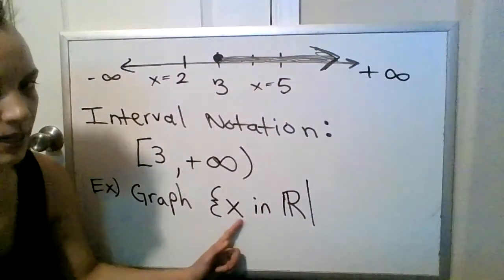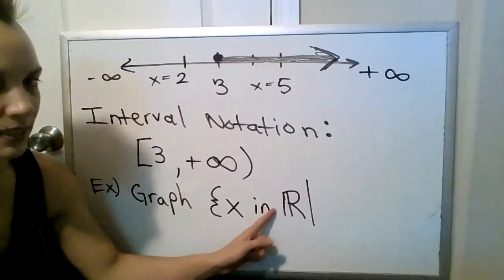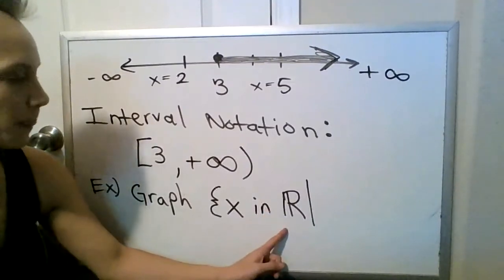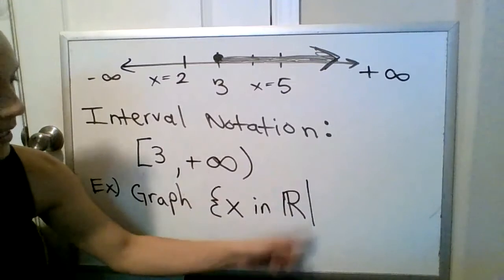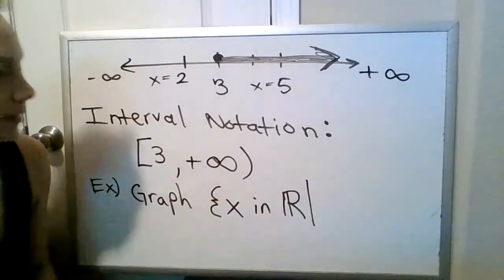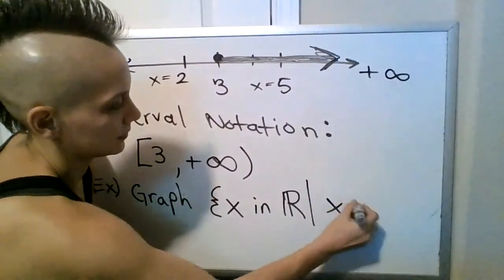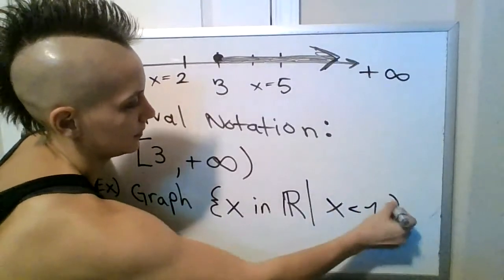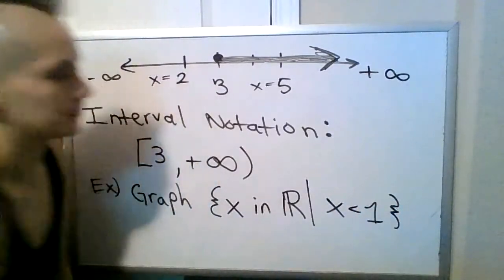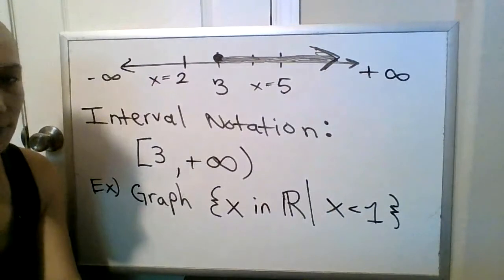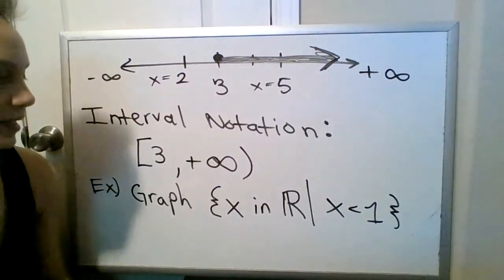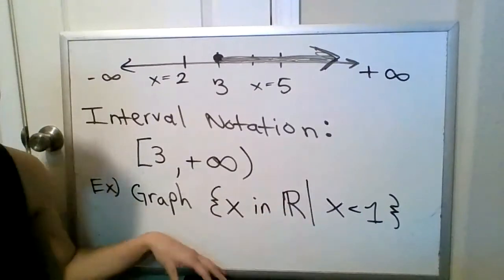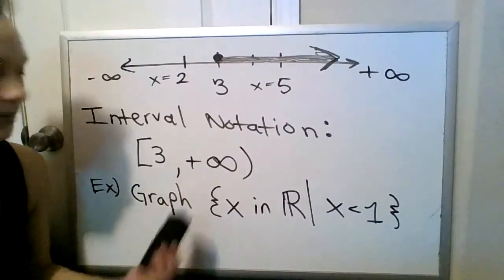So what this is saying is x is a real number. x is in the real numbers, such that x is less than 1. And then we're going to close the set. And we're going to write this in interval notation after we draw the graph.